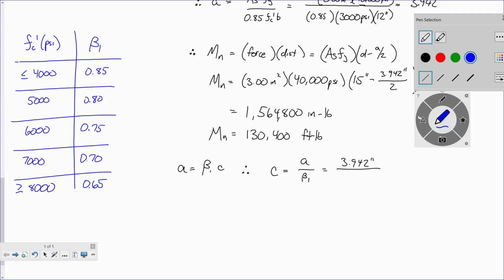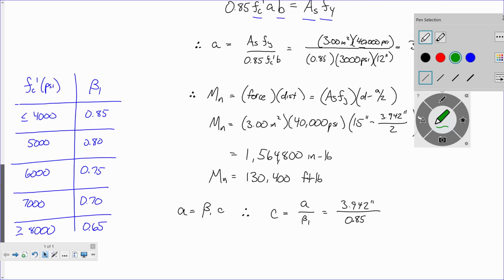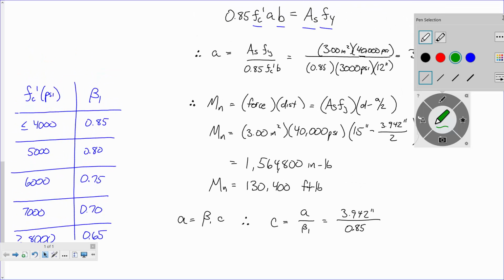All right, so going back to our problem, what's beta 1 going to be? 0.85. Now, here's the thing. It just happened to be that this number way up here and this number way down here are equal.